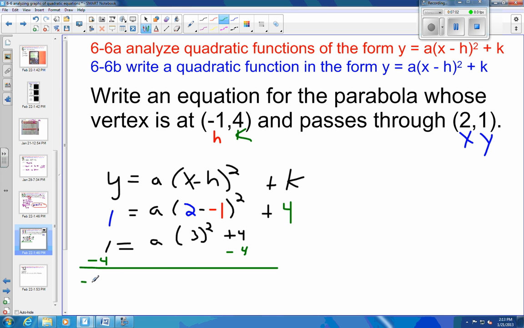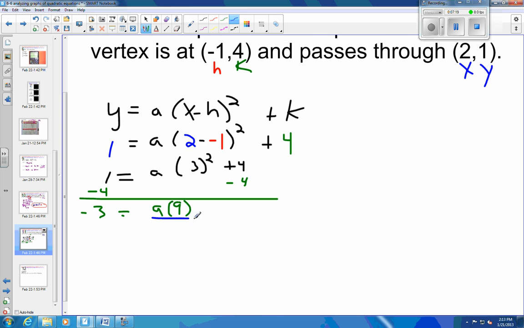So this is going to be negative 3 is equal to a times 9. Then I'm going to divide both sides by 9, and you get negative 1/3 equals a.